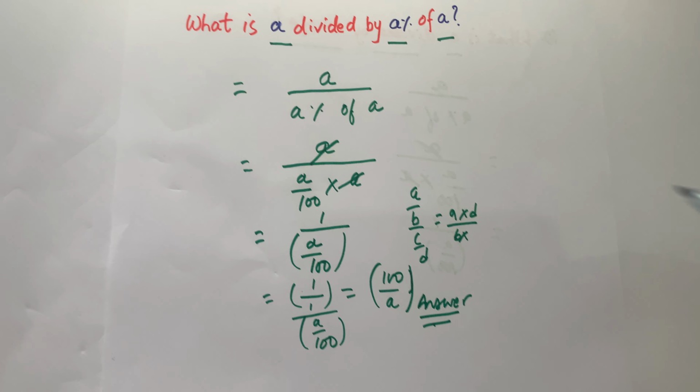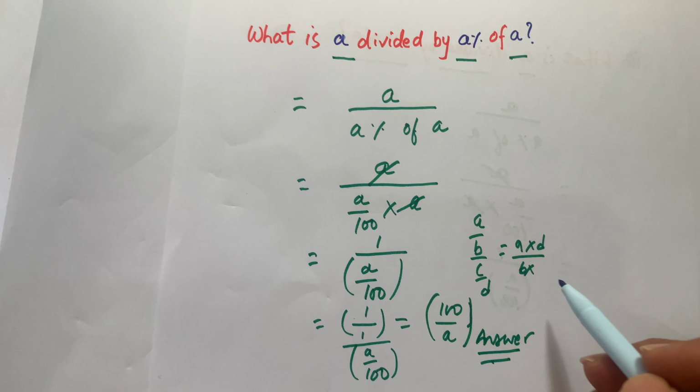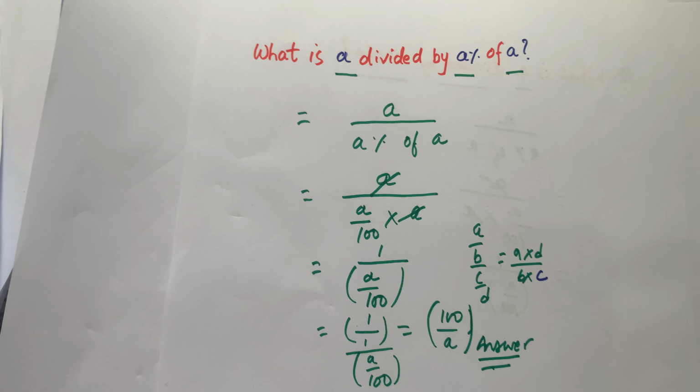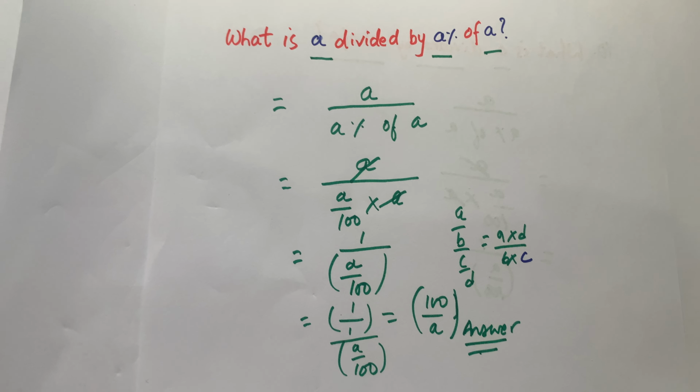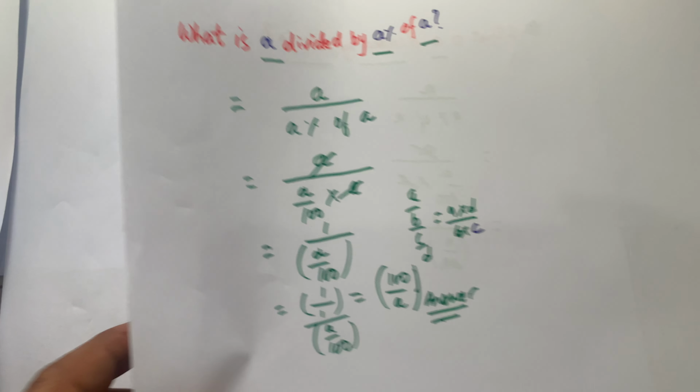Here A by B by C by D is equal to A into D by B into C. So the answer is 100 by A.